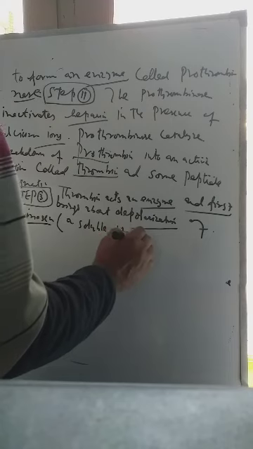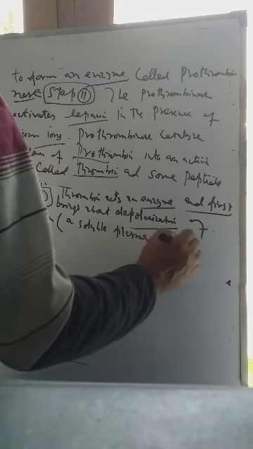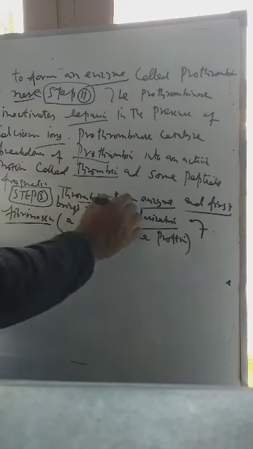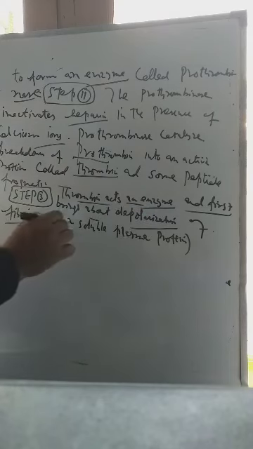That means thrombin acts as an enzyme and first brings about depolymerization of fibrinogen, the soluble plasma protein, into its monomers.